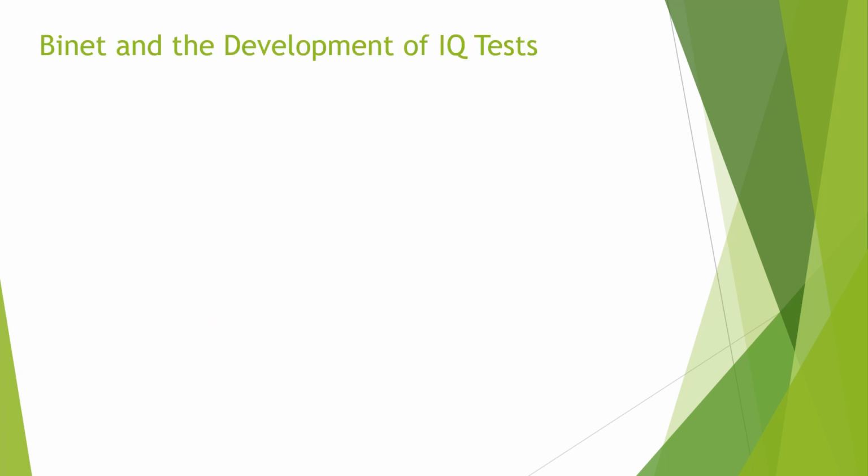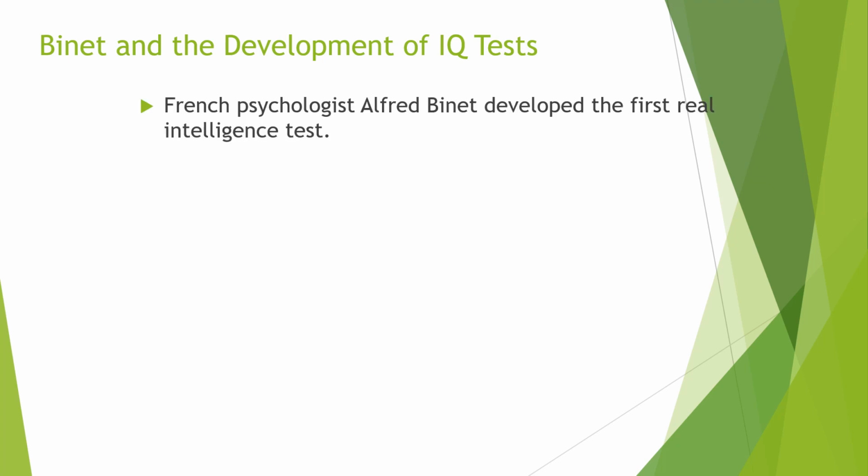What we follow more so now is the Stanford-Binet intelligence test. French psychologist Alfred Binet developed the first real intelligence test, and we call this the Stanford-Binet intelligence test, but it was originally developed by Alfred Binet.